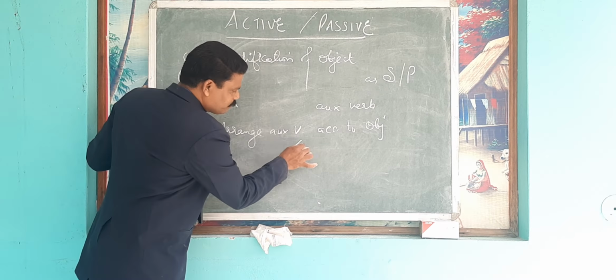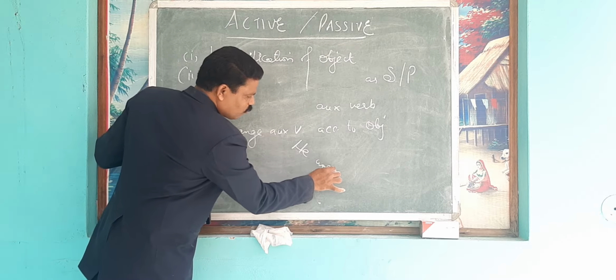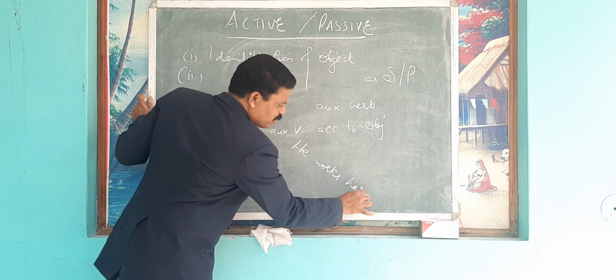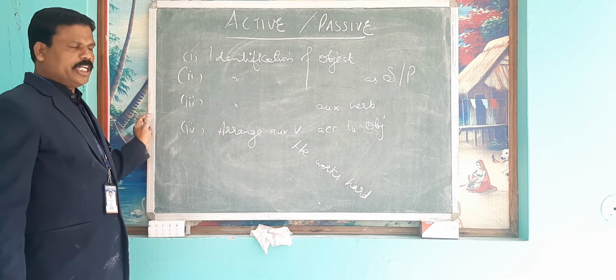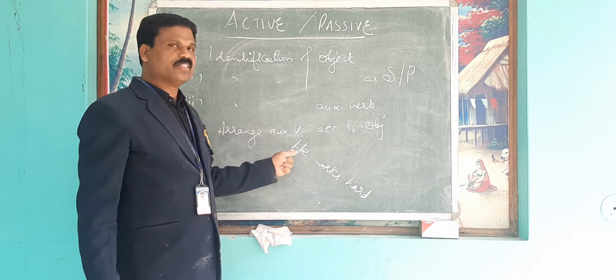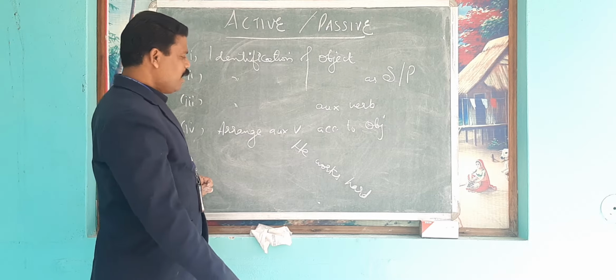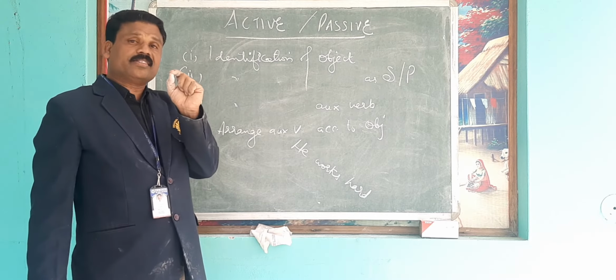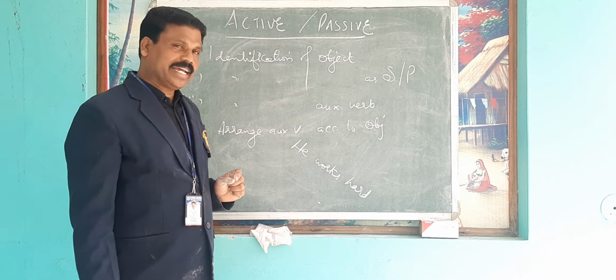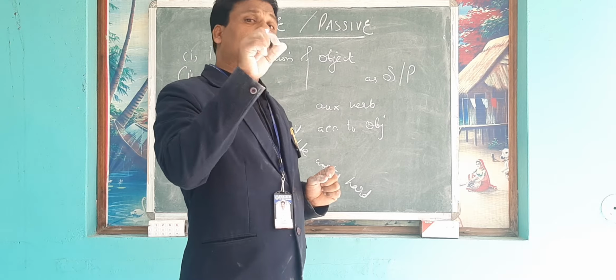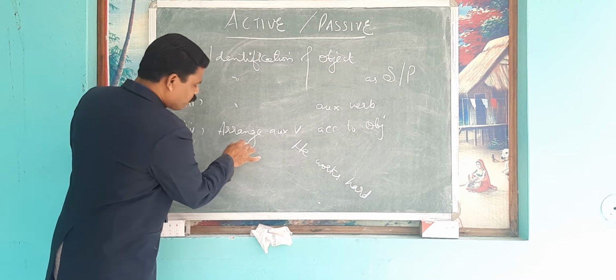For example, he works hard. There is no open auxiliary verb in this sentence. When there is no auxiliary verb in the sentence, we have to take the auxiliary from the verb. How?